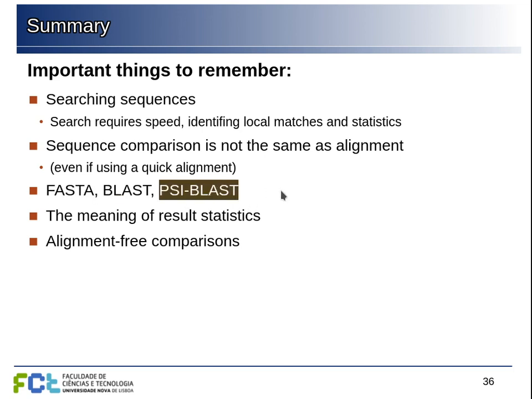And in the case of PSI-BLAST, this is an iterative BLAST where we keep changing the substitution matrix for different positions of our sequence depending on the matches that we start to find. This is another approach that does not guarantee any optimal result, but it's a good heuristic to find more distant cousins, more distant relatives of the sequence that we are using as query.